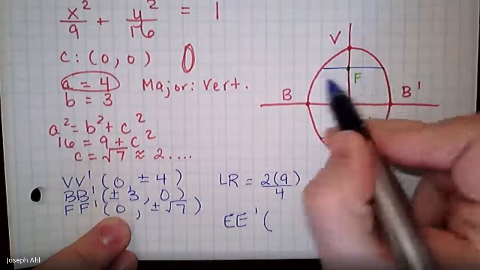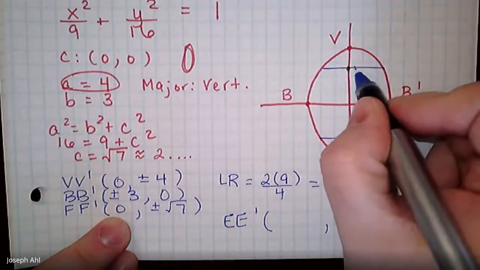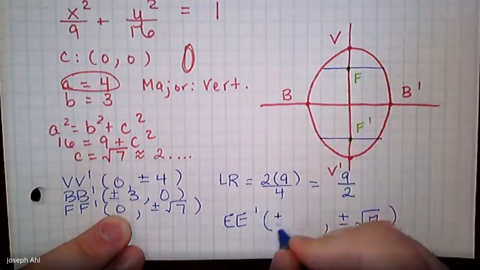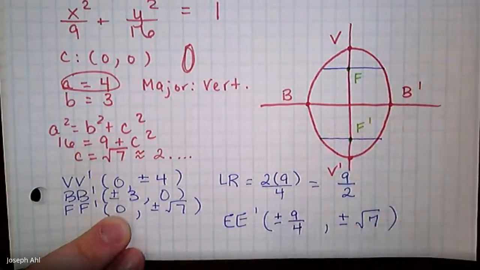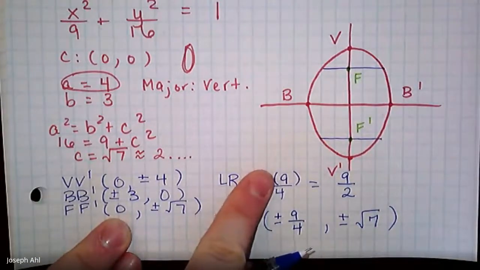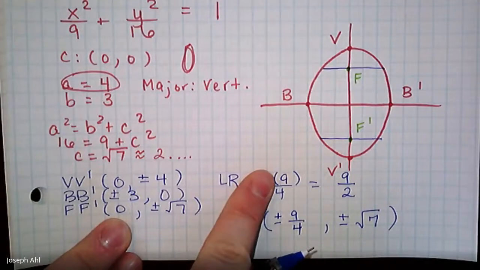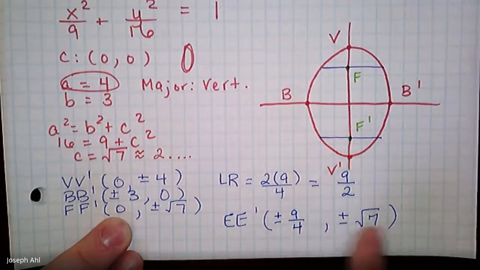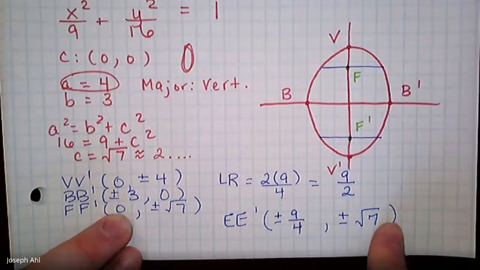Well, if this total length is 9 halves, I have to go to the right half of 9 halves and to the left half of that. So it's plus or minus 9 fourths there. Essentially what you can do is you can take the 2 out of the equation here and just do b squared over a. That's how far left and right you're going to go in this case to get to the ends of the LR. Okay?